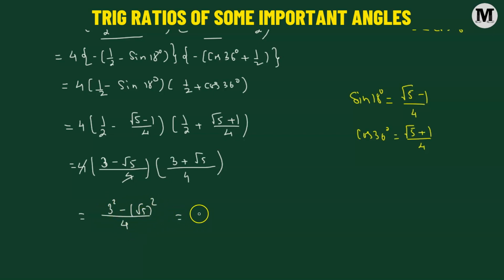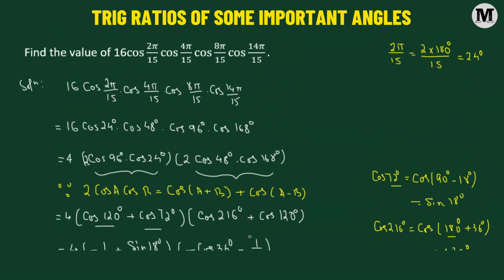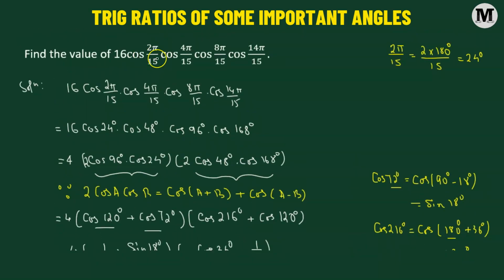So 9 minus 5 is 4, and 4 divided by 4 gives us the final result of 1. So the value of the trig expression 16 times cosine of 2 pi over 15 times cosine of 4 pi over 15 times cosine of 8 pi over 15 times cosine of 14 pi over 15 is equal to 1.